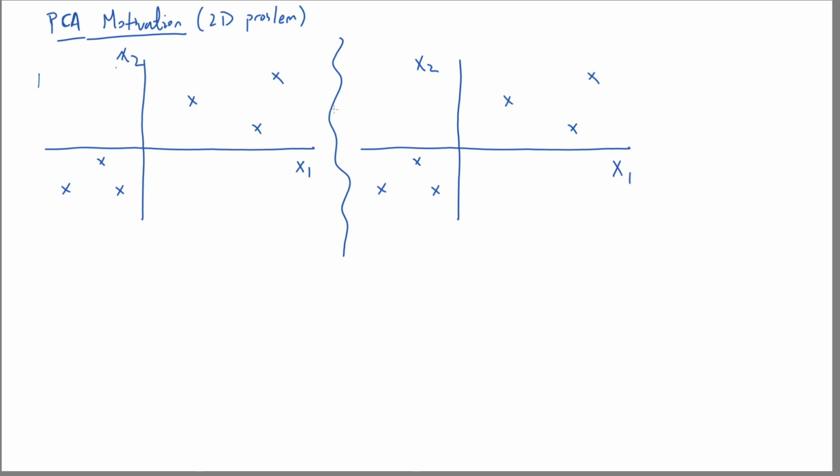What I want to illustrate is, let's say you had the following line that looks like this, and on the other one you had this line. Now think of projecting each of the data points onto the line in each image.